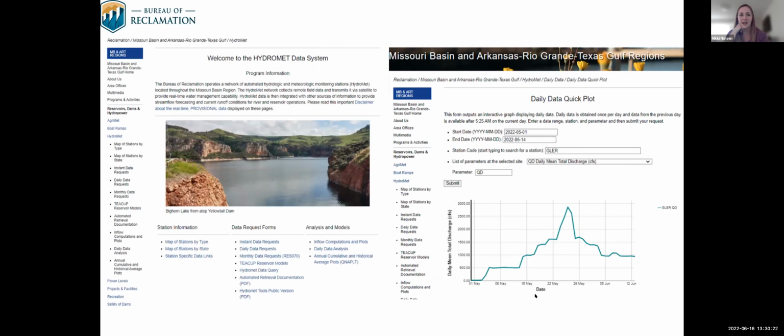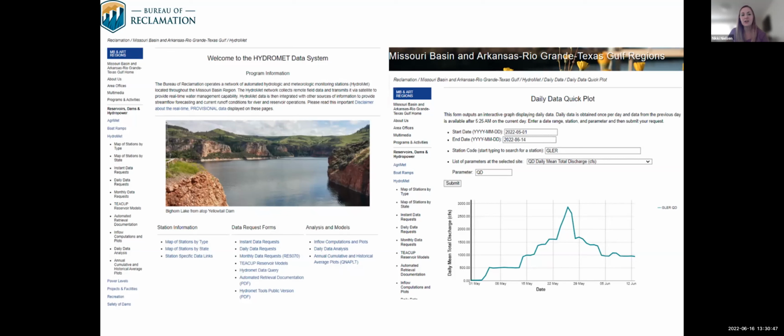The photo there on the left shows the Hydromet data system on the Bureau of Reclamation website. From here, you can search for gauging stations, not just in Wyoming, but in all of the states that are managed by Reclamation. For most of these gauging stations, you can get up-to-date information in about 15-minute intervals.